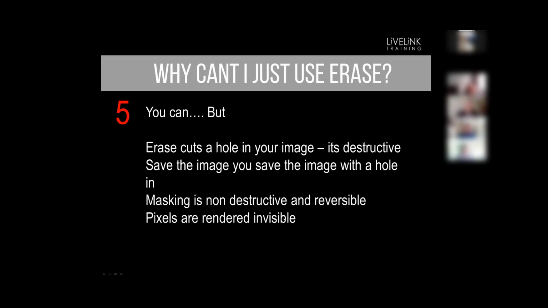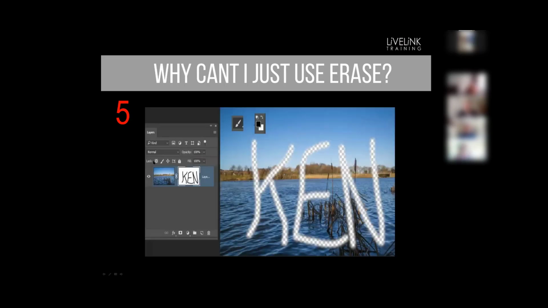The pixels are rendered invisible or visible, depending on what colour you paint. Now here you can see I've put a mask on and I've selected my paintbrush and I've got black as my foreground colour. And you can do that quickly just by, if they're not the right way around, pressing the D key on the keyboard, and that will reset to black and white or white and black.